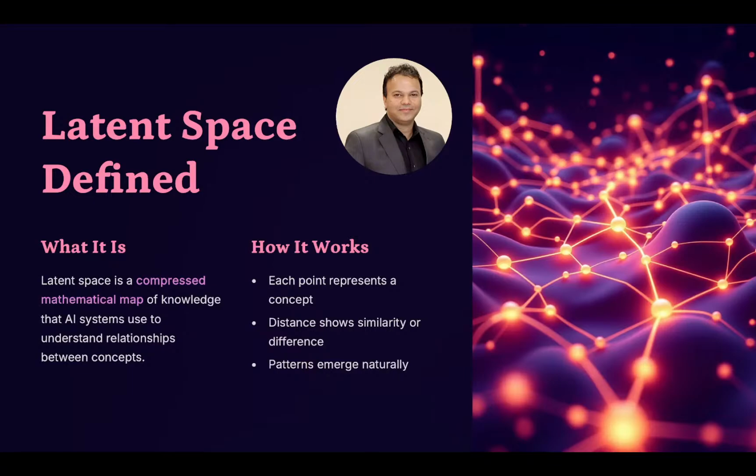So again, here each of these concepts will be represented by points on the map or the network, and the distance between 2 points also shows how similar or how far away they are. This is also called cosine similarity or similarity distance. And then all the patterns start coming together to identify the whole thing as an object. So latent space, by the way, is one of the very important concepts in generative AI.